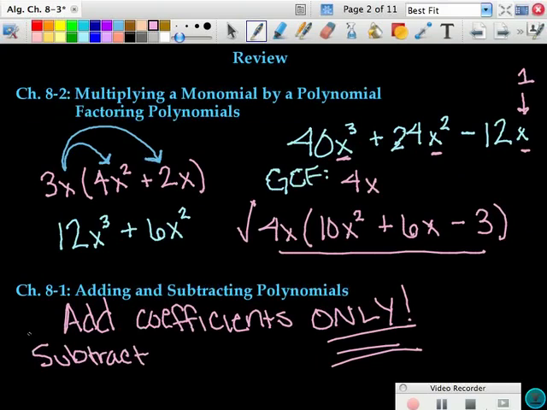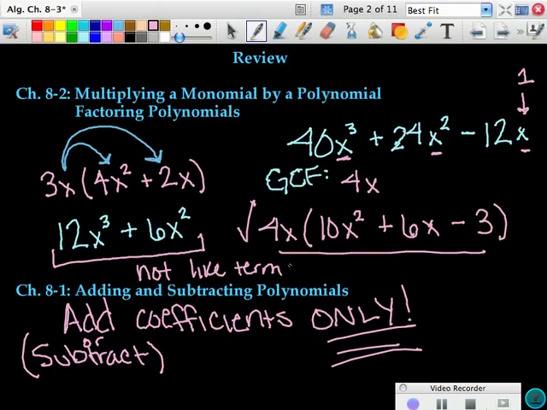So add or subtract coefficients only. You don't change the variables, you don't change exponents, you don't do any of that. So if we were looking at this example up here, these two are not like terms. So we cannot combine them. Okay? Now let's move on.